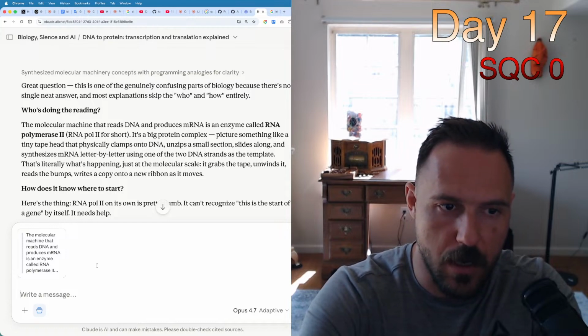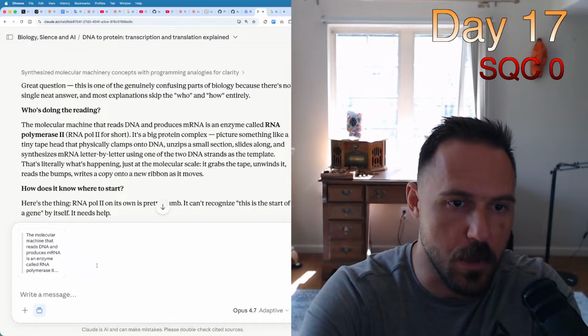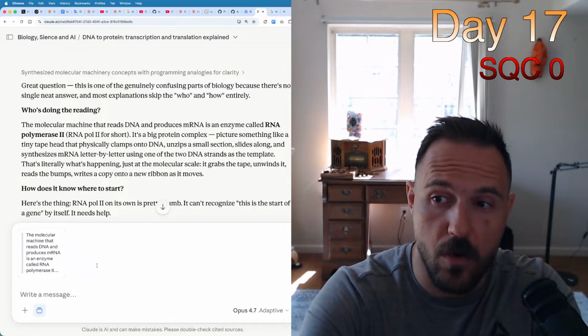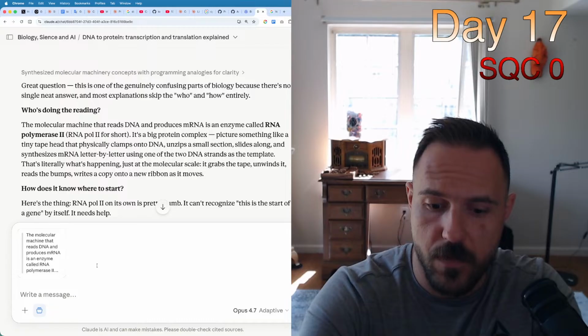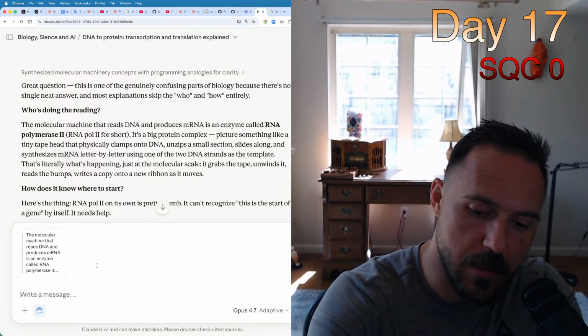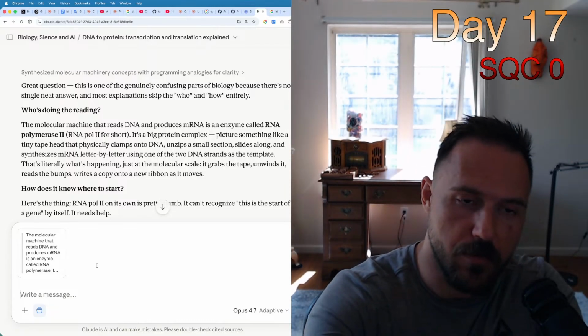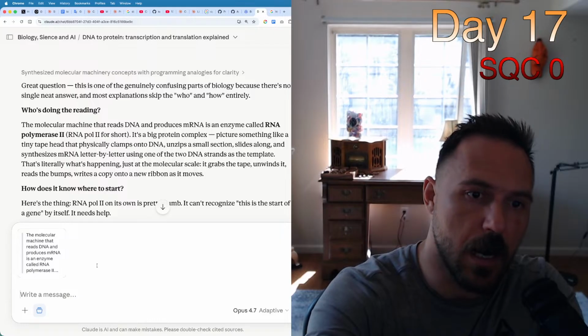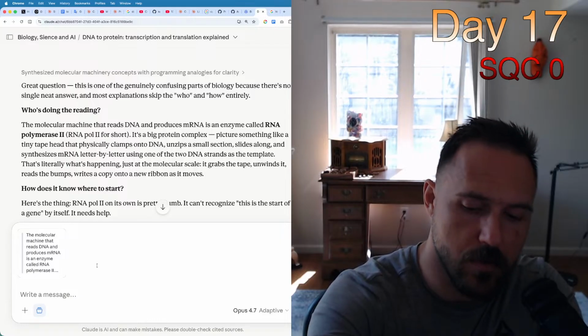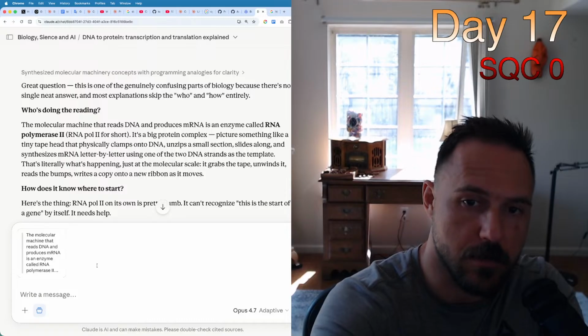So the mRNA will be completely different, or symmetrically opposite, if RNA Pol 2 reads the other strand, right?